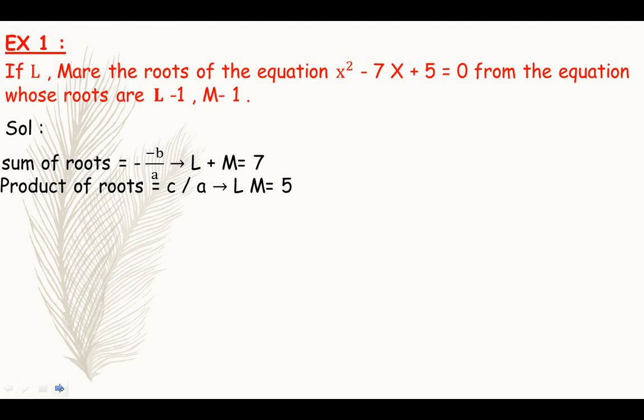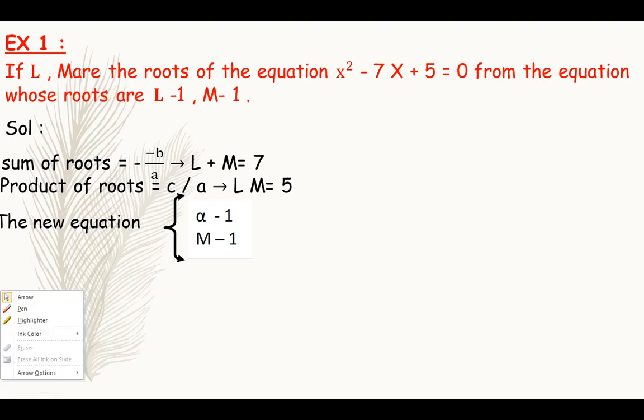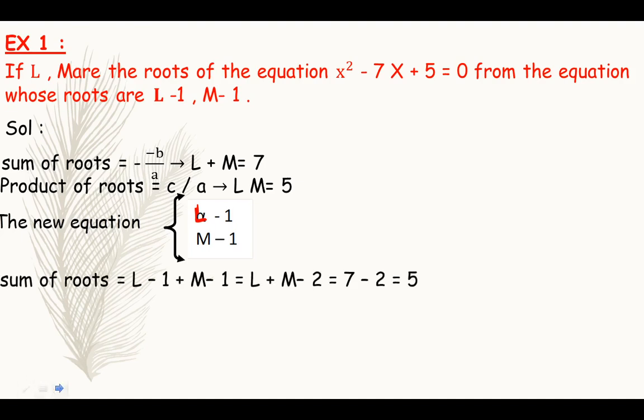Now let's go to the new equation. The new equation has two new roots, L minus 1 and m minus 1. We are going to find the sum of the new roots and the product of the new roots. The sum of roots is L minus 1 plus m minus 1.